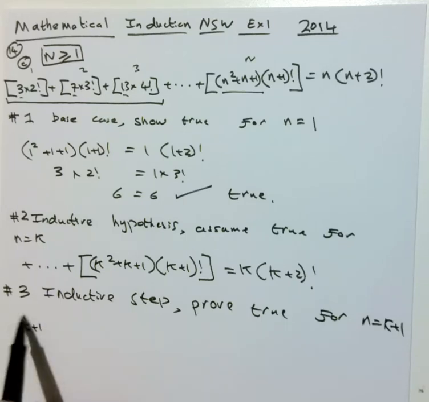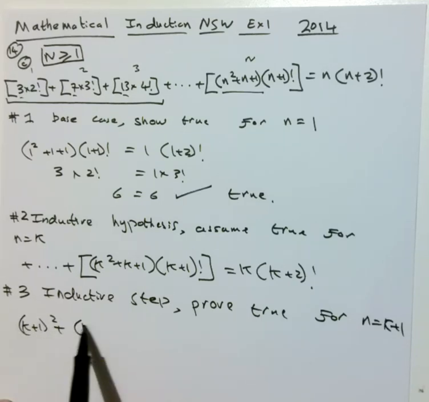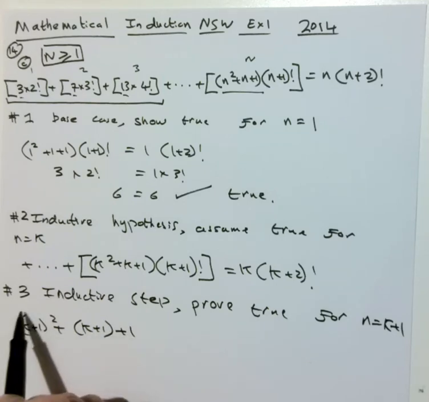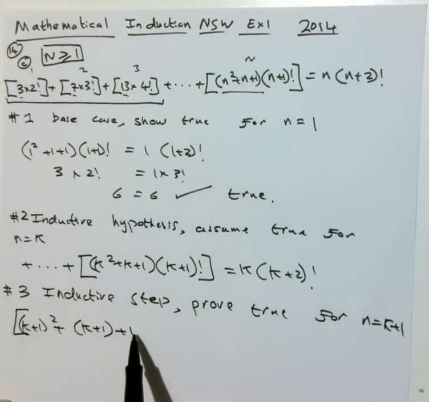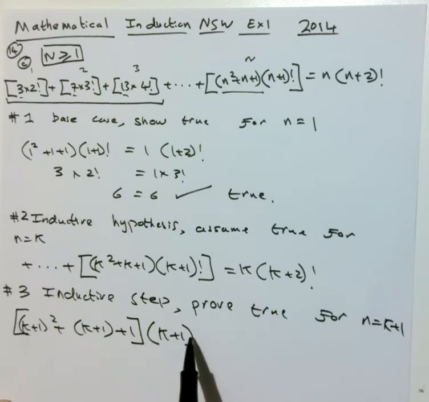So we've got k plus 1 squared, k plus 1 plus 1, so I'm just going to put 2 there, because k plus 1 is k plus 2.